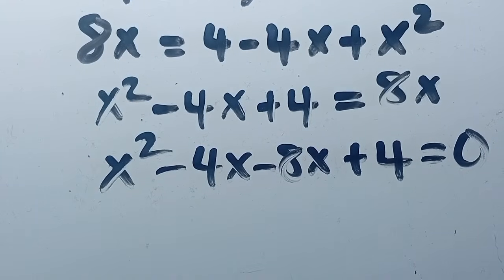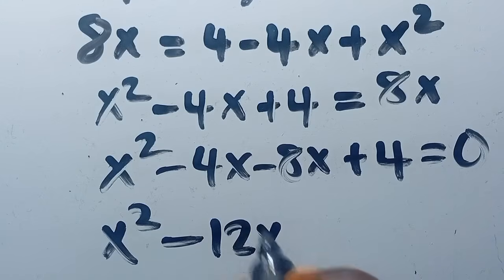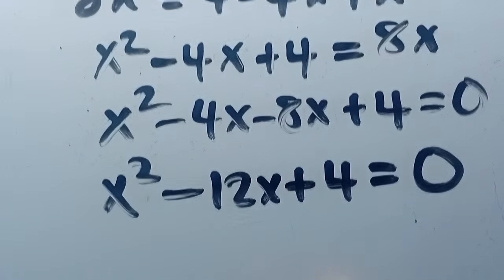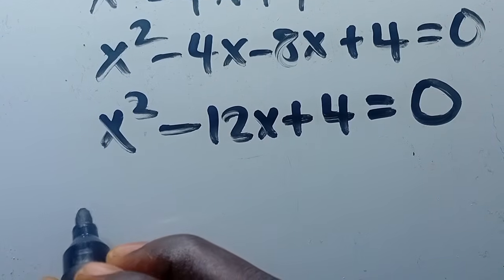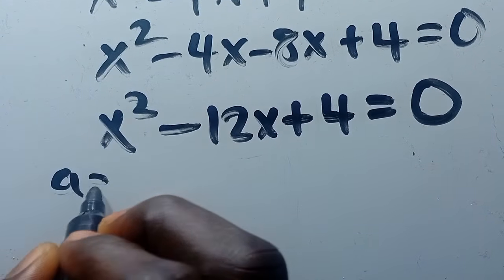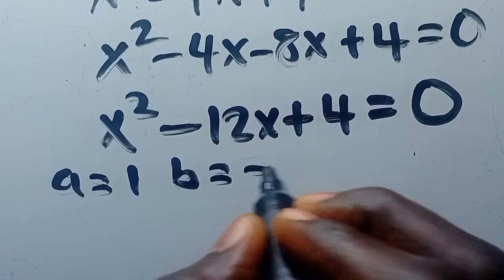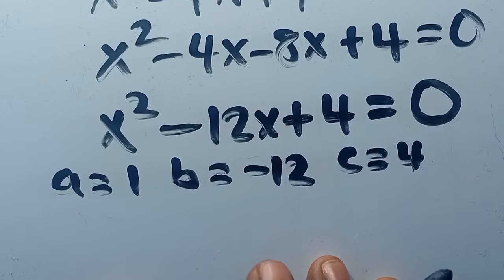Then from here we have x squared minus 12x plus 4 equals 0. So let's solve this quadratically, where a is 1, the coefficient of x squared, b is minus 12, then c equals 4.